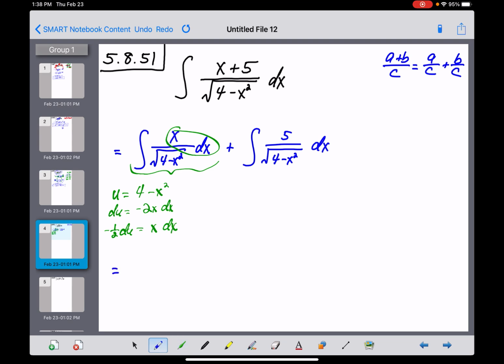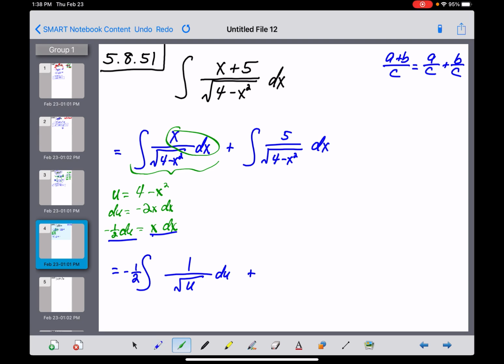So what does that do for us, guys? This now becomes the integral of, the entire denominator is just going to become the square root of u, and then the x dx becomes a negative 1/2 du. So here's your du. I'll put a negative 1/2 out in front and a 1 on the top. I think we can deal with that integral in just a second.